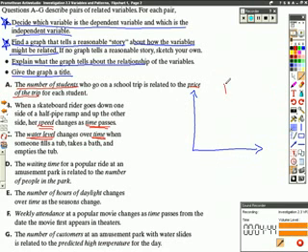D: the waiting time for a popular ride at an amusement park is related to the number of people in the park. Now this one we have to actually think about.